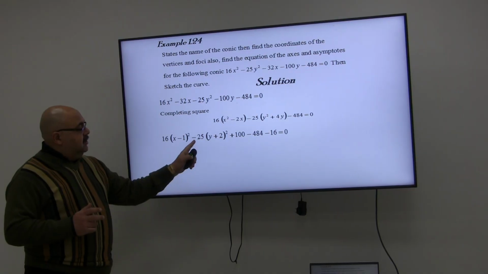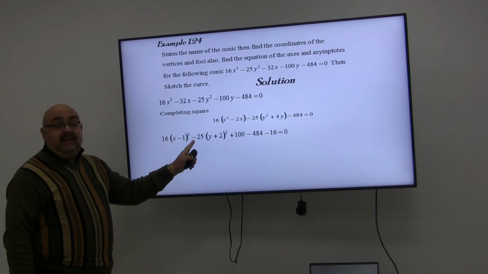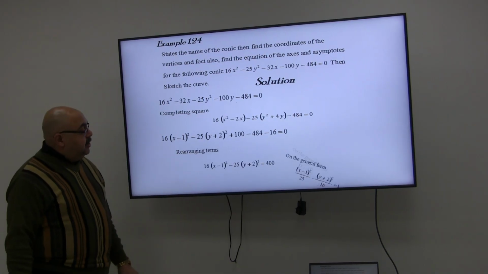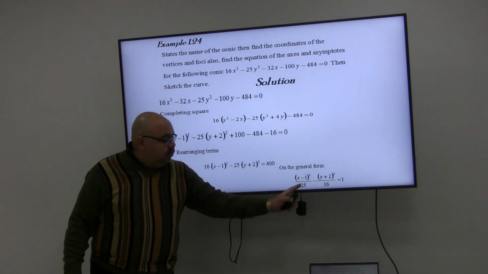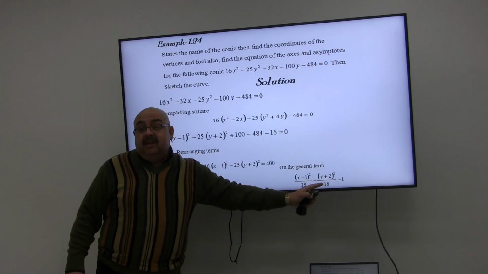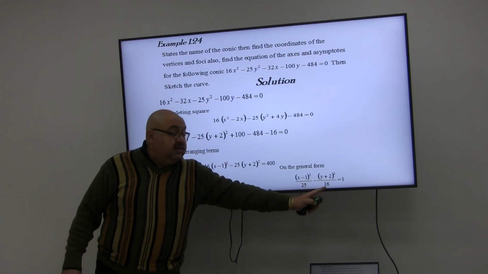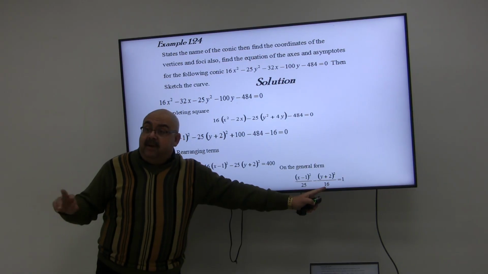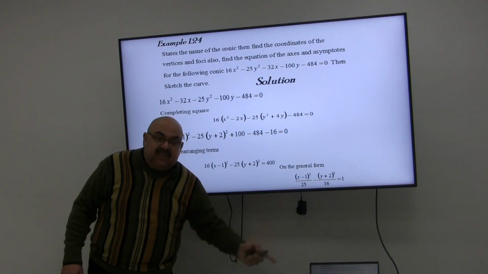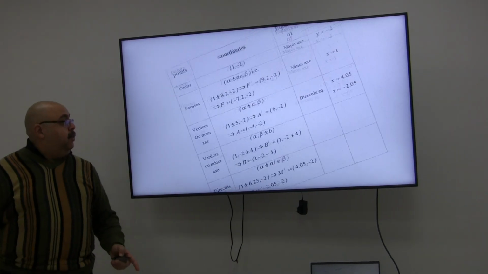The difference is that the sign here is negative, but in an ellipse the sign is positive. Now I can find the equation exactly like (x minus 1) squared over 25 minus (y plus 2) squared over 16. That means the semi-major axis is 5 and the semi-minor axis is 4. From them I can get e if I want to. This is (1, negative 2), which is the center of the hyperbola.